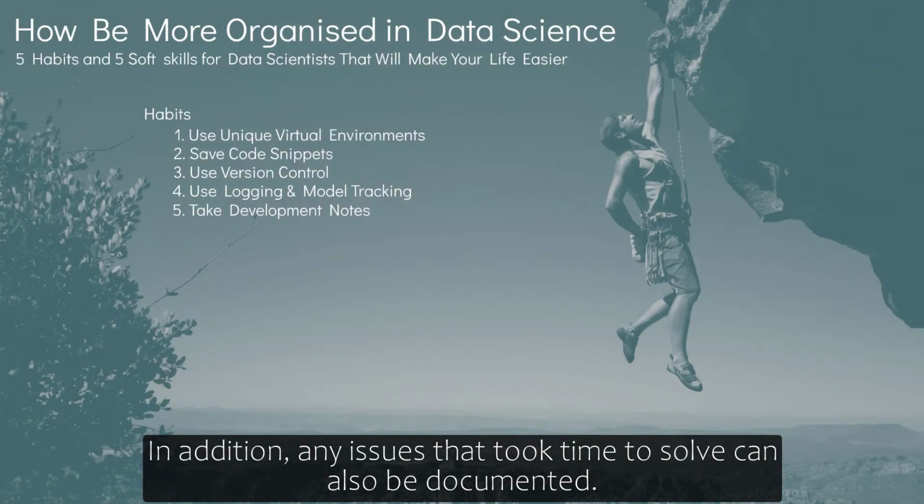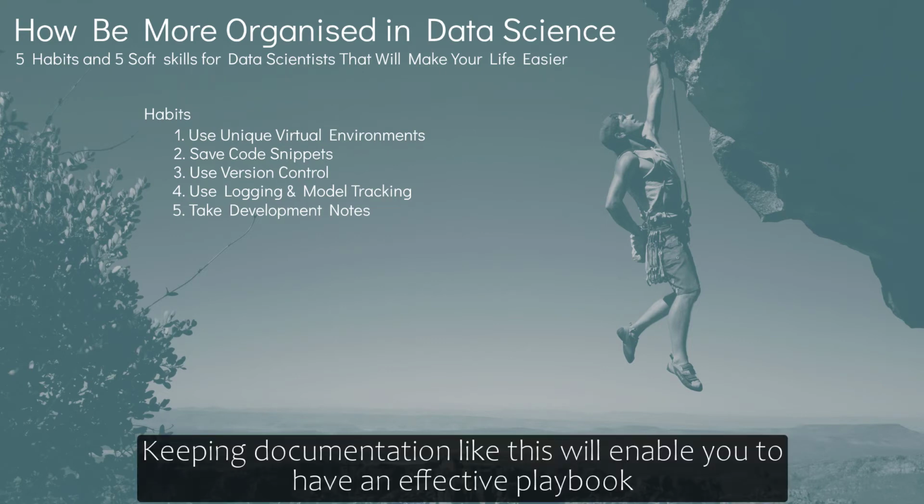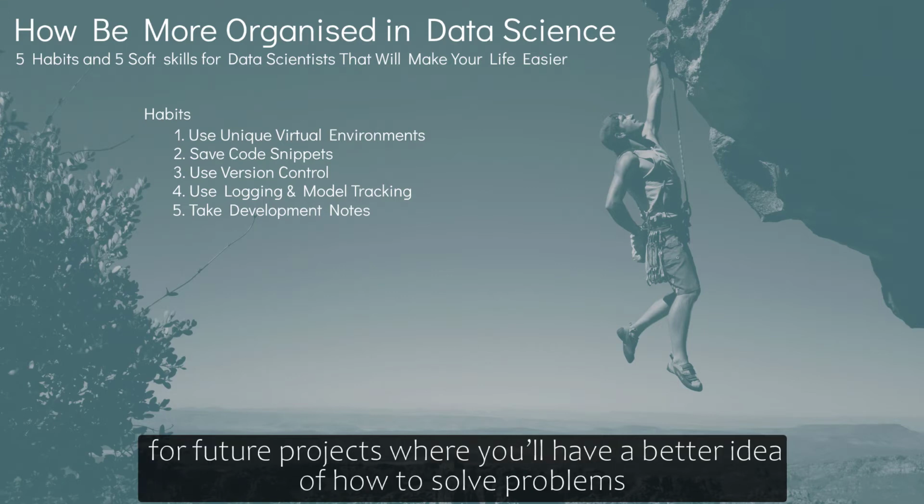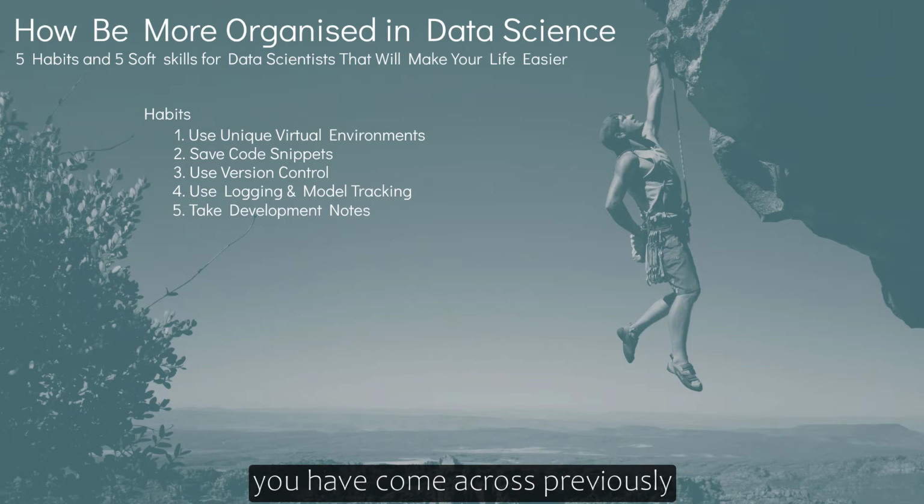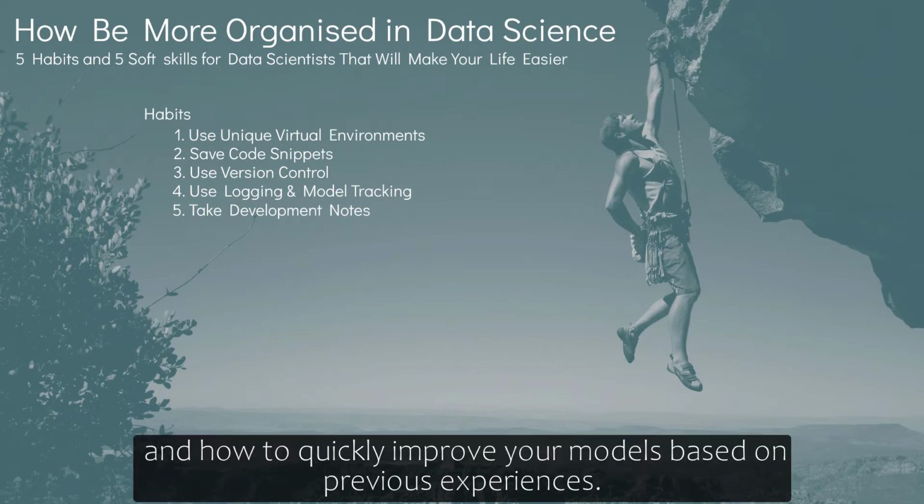In addition, any issues that took time to solve can also be documented. Keeping documentation like this will give you an effective playbook for future projects, where you will have a better idea of how to solve problems you have come across previously and how to quickly improve your model based on previous experience.